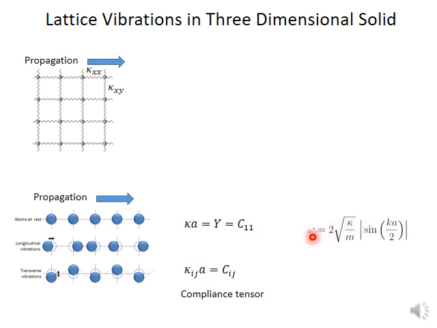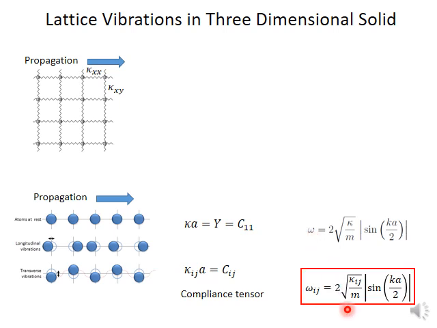If you have kappa as a tensor, the omega also becomes a tensor, so you have a form like this, where ij can take values of x and y, for example, in a crystal whose lattice vectors a1, a2, a3 are defined along the xyz Cartesian axes.